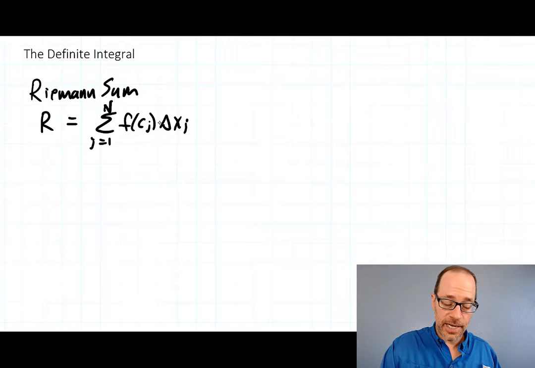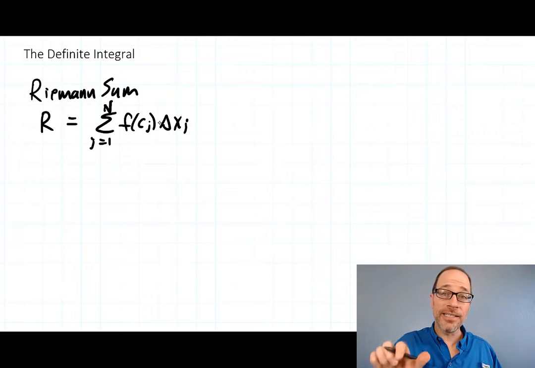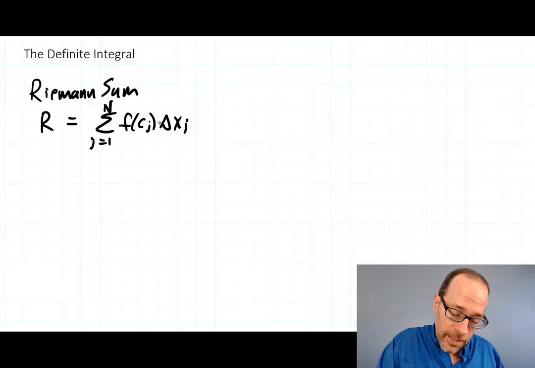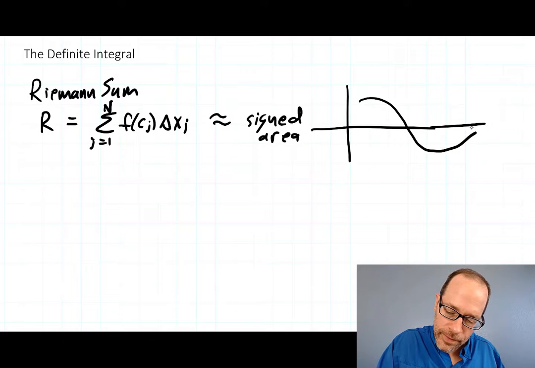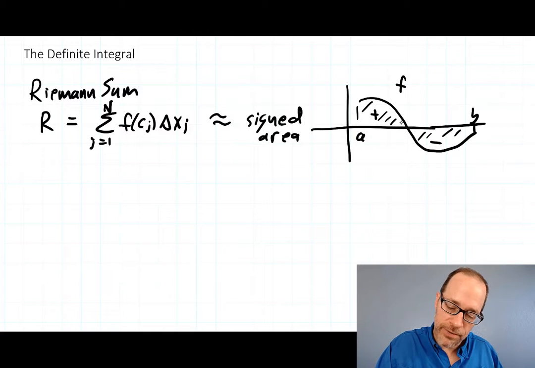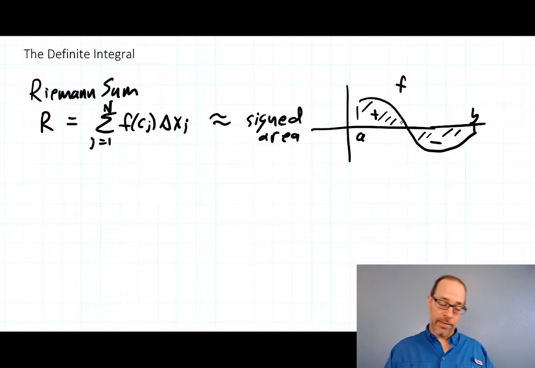Think of f of c as giving you the height and delta x as the width, and it approximated the signed area for the graph of f. If this is a and this is b, and this is the graph of f, you count this area with a plus and this area with a negative. So it's the top area minus the bottom area, and that's what the Riemann sum was approximating.